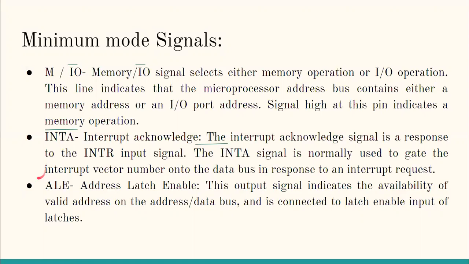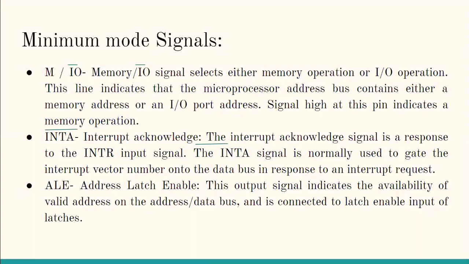Then next is ALE. ALE stands for address latch enable. Now we have seen that the address and data values are multiplexed on the same pins. So for the T1 state, the address is present on those pins, and from the next clock states, the data will be present. For the time that is the T1 state, when the address is available on the pins, the address latch enable value is high, indicating that the address is present.